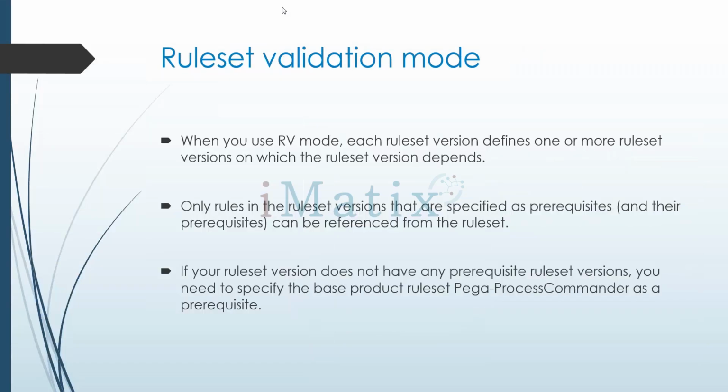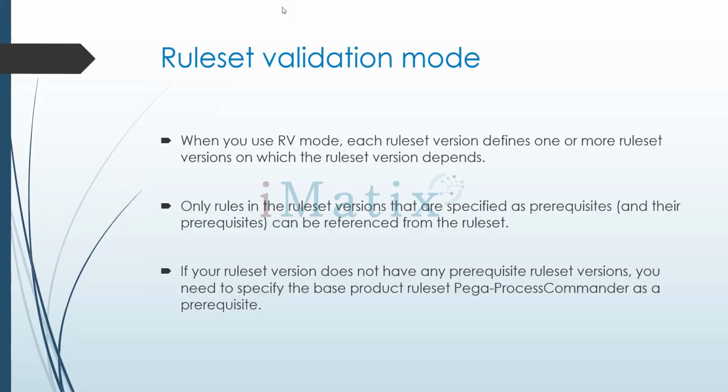On the other hand, what does this RV mode do? This RV mode, the Ruleset Validation Mode, has some prerequisites. The restriction is that not just any random rule from any rule set can be accessed in RV mode.